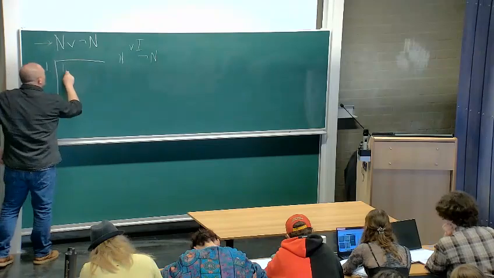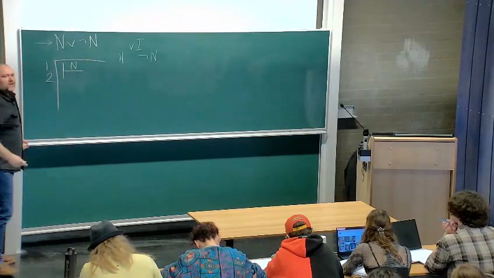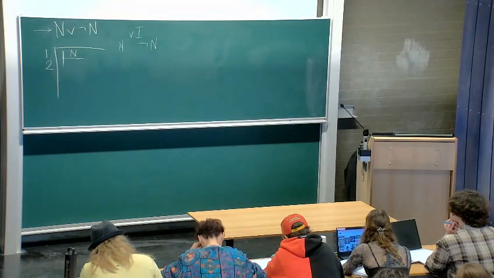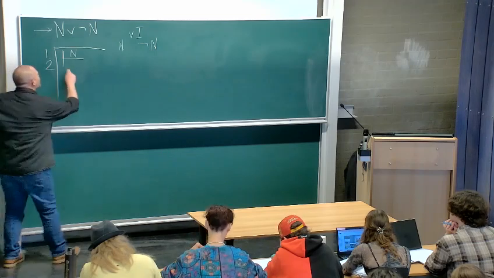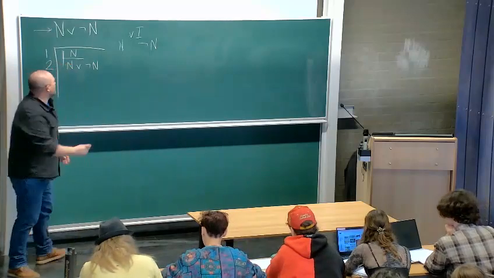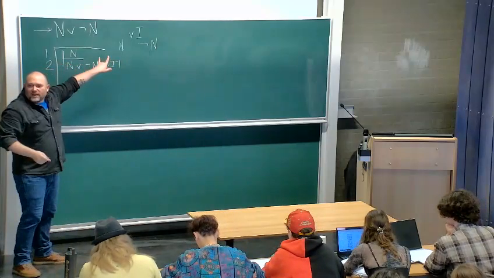So let's start a subproof with N. And what can we immediately do at line 2? Can we already say N or not N? Yes. What's the rule? Disjunction introduction. Exactly. So look at what we did. Remember our plan.